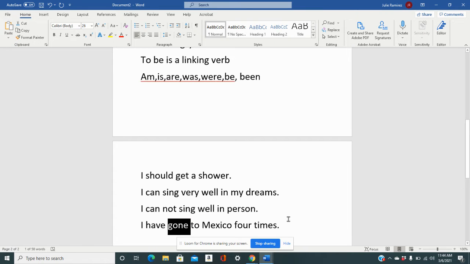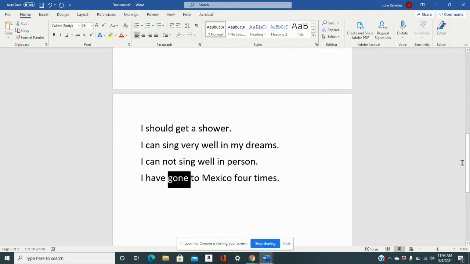It's the past participle of go. Have is a helping verb. This is another example of a perfect tense verb. It's saying that at some point in my life, I went to Mexico. And so have is helping out gone, and it's creating a verb phrase.